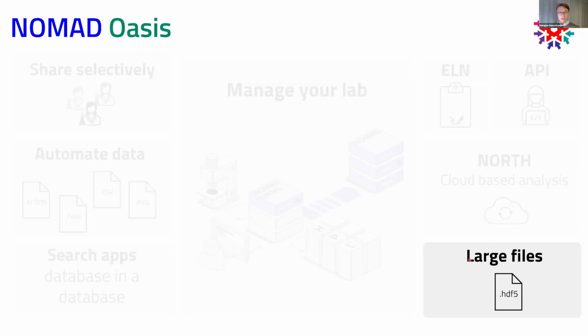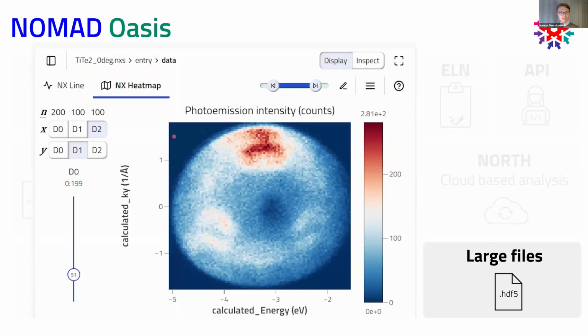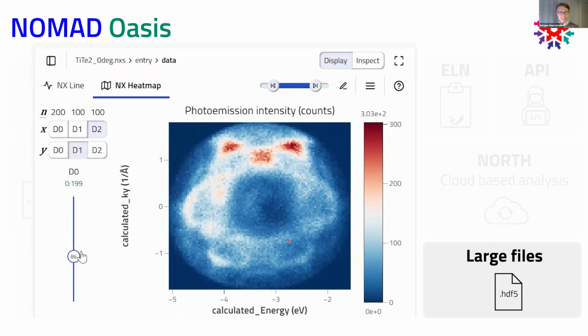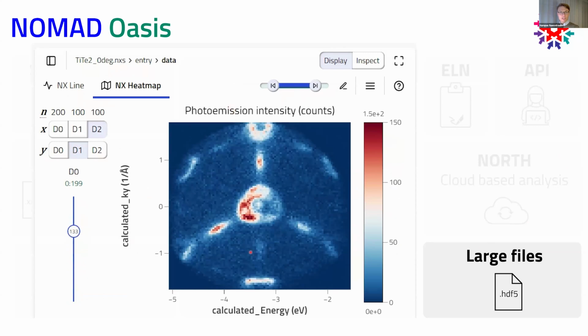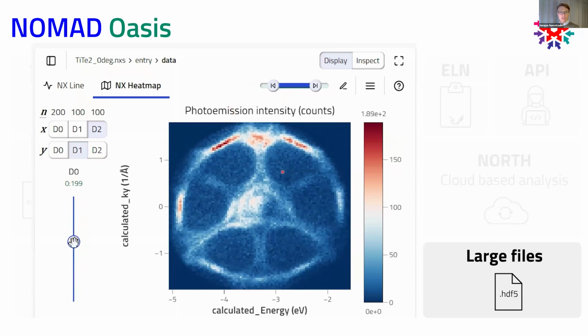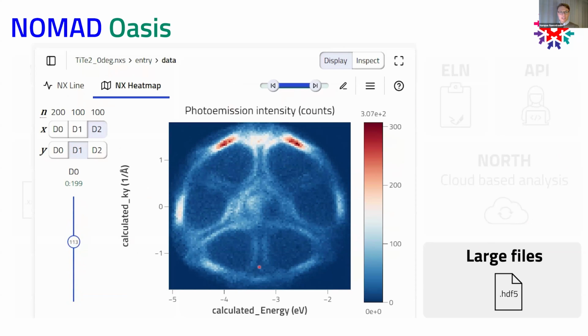And NOMAD supports this on the fly, so that if you upload a Nexus file into NOMAD, NOMAD automatically understands what is in this, and you can get interactive plots of these large data files where you can view here, for example, the photo emission measurement that we have here interactively. Although these can be very, very large files, but since you can store them locally in your Oasis, you can still view them through NOMAD.